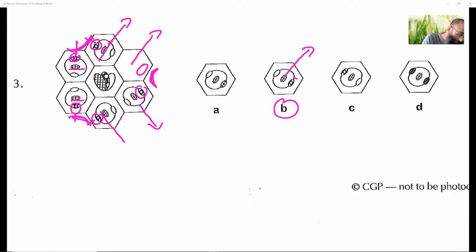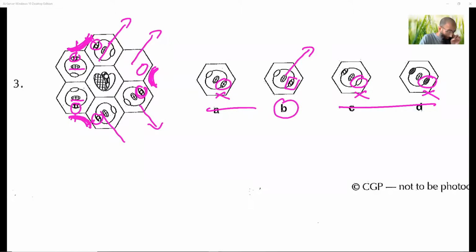So we've got to have this piece here, have to be there. And which one is it? It's the one with the white circles inside. So that one is no good. That one is no good. That one is no good. So these ones are wrong straight away. So it has to be B, just based on this pattern being here and that one being there, and this shape together.